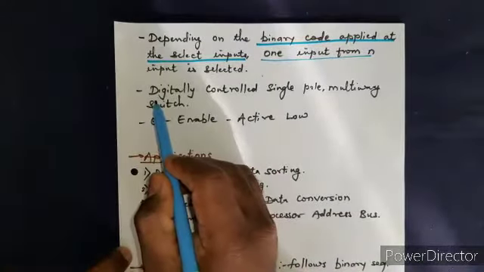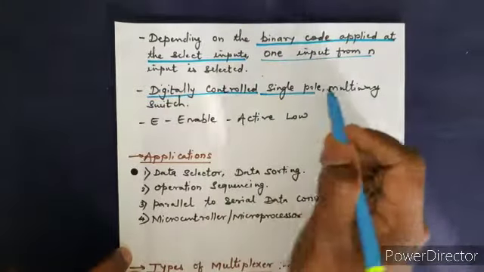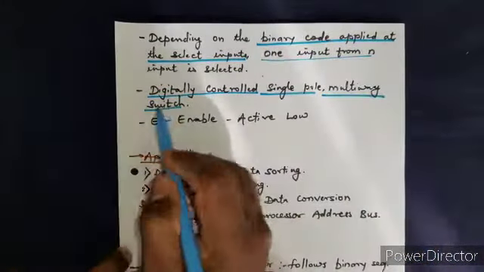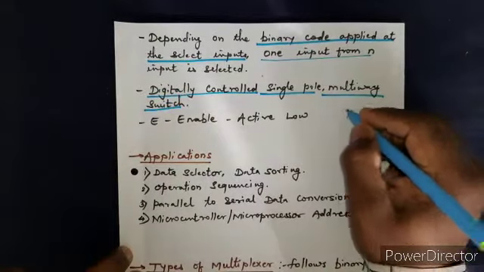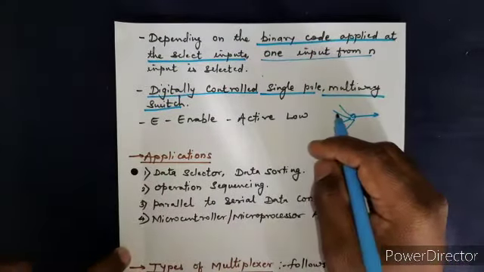So we can consider this multiplexer as a digitally controlled single pole multi-way switch. We have a single pole and a multi-way switch which is routed to 1.